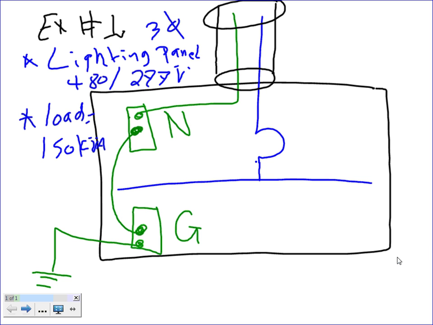I need to calculate a few things for this panel. I'm going to use red, which is my color for what I need to calculate. Number one is the panel size.